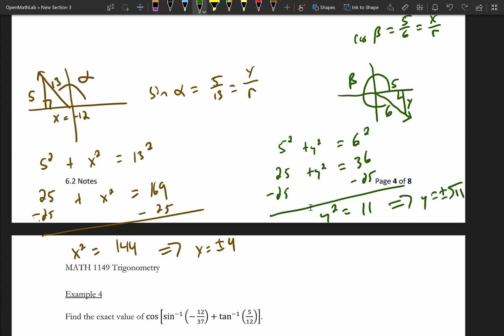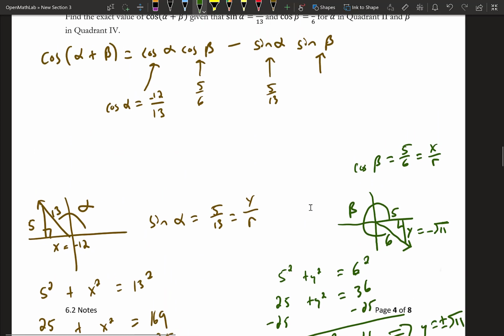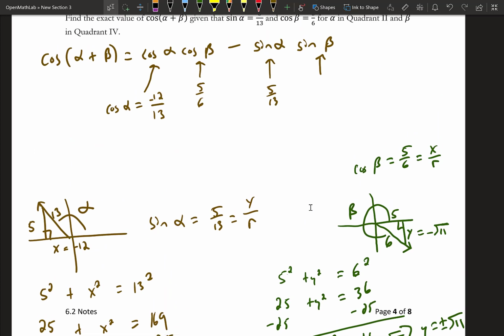In the fourth quadrant, my y value is negative, so this is equal to negative radical 11. So that tells me that sine of beta is equal to the y value, negative radical 11, over the hypotenuse, the radius, which is 6.